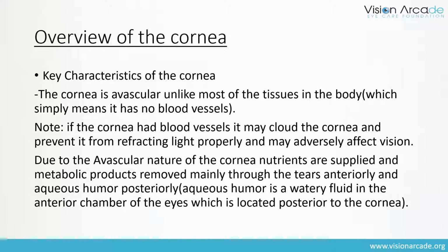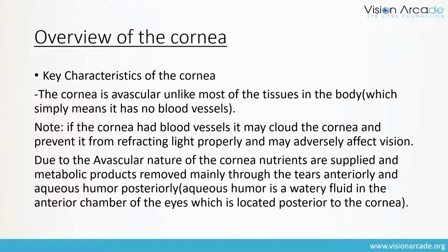The reason is that it's very important for the cornea to be as clear and transparent as it can. If it's got any vessels on it, it's an abnormality, because information will not transfer clearly to the brain. If the cornea has blood vessels, it may cloud the cornea and prevent it from refracting light properly, and may adversely affect vision.